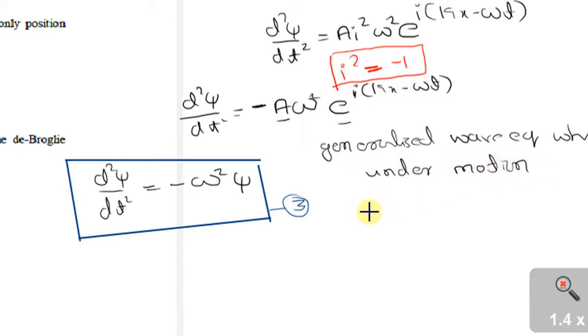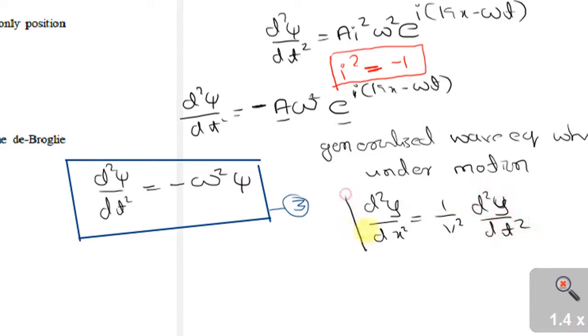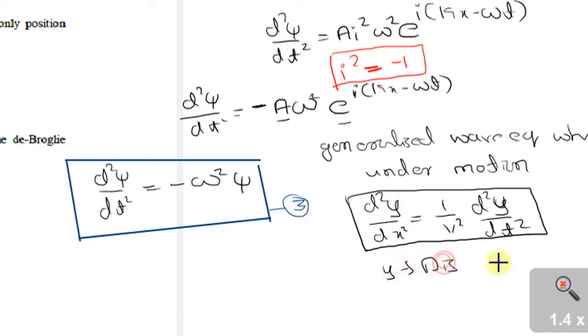Then we can take it as d²y/dx² = 1/v² × d²y/dt². So this is an important equation. Here y is called displacement.